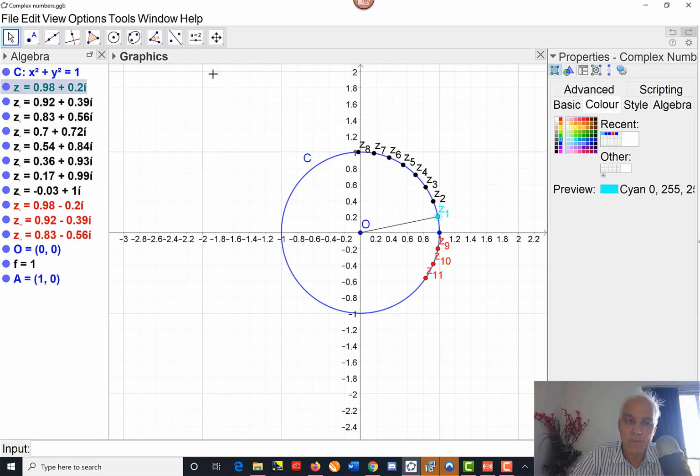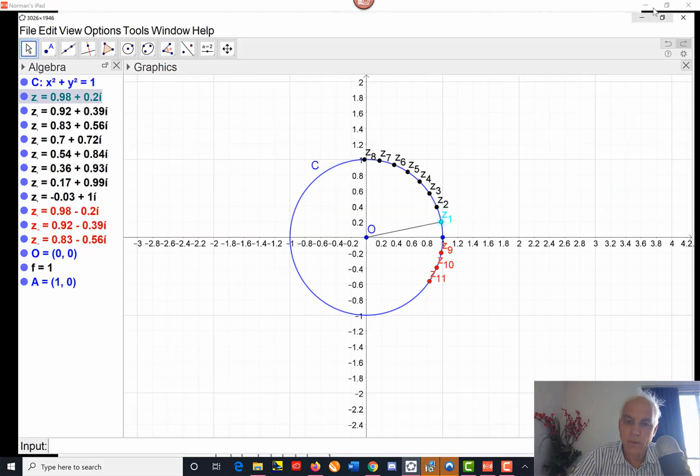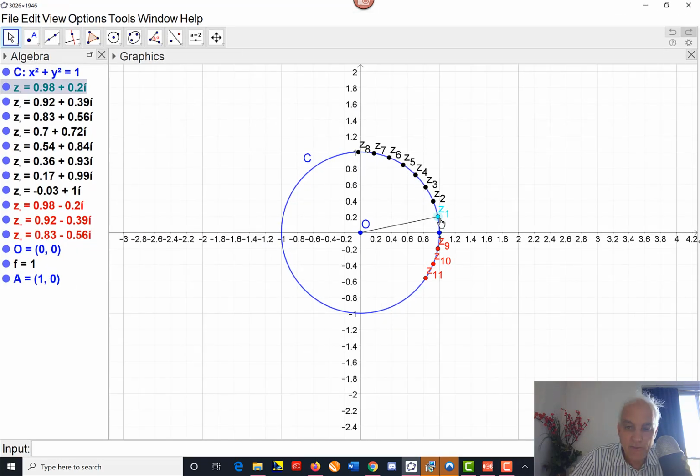Okay, so there's Z1. If there's Z1, then this Z2 is Z1 squared. It's the square, and then this is the cube, and then this is the fourth power. So these are successive powers of this Z1. And here are negative powers. So here is Z1 to the minus 1, Z1 to the minus 2, and so on.